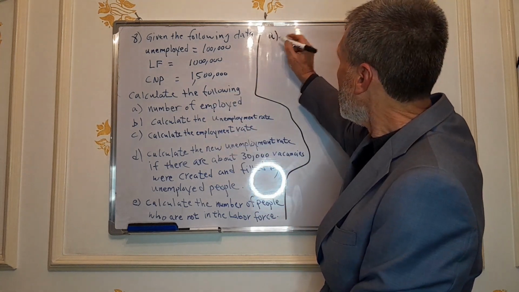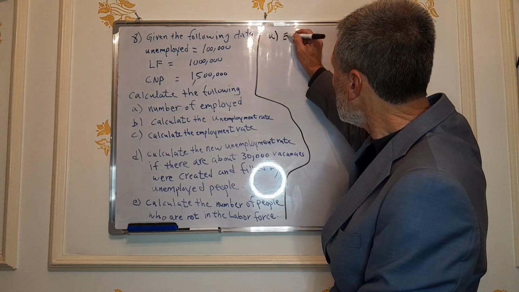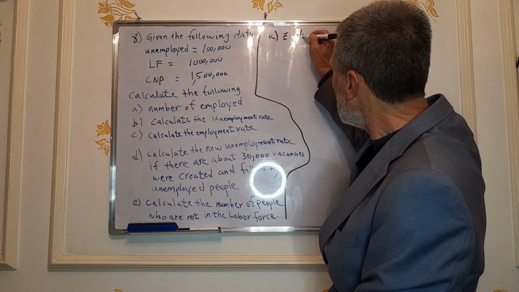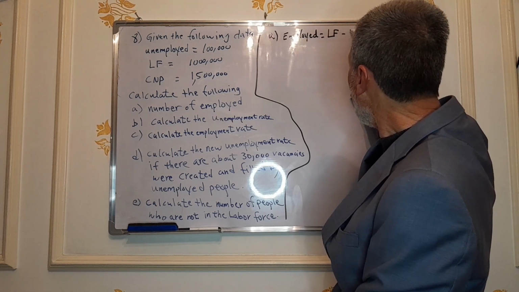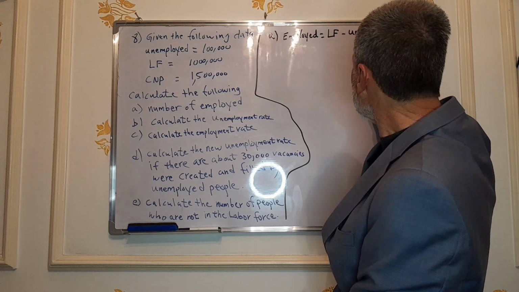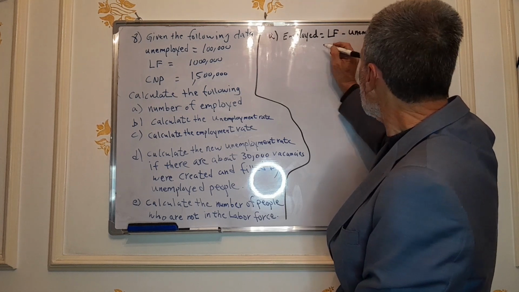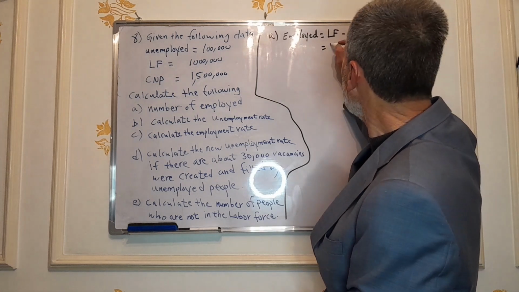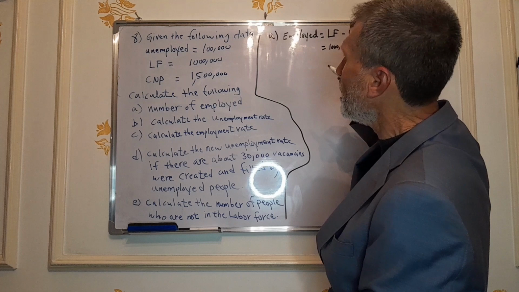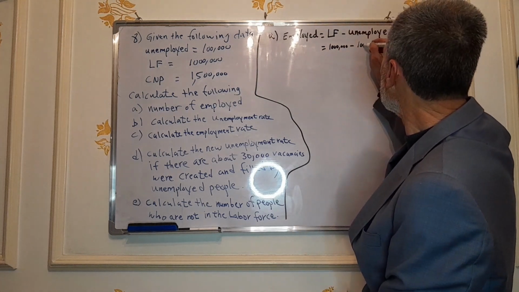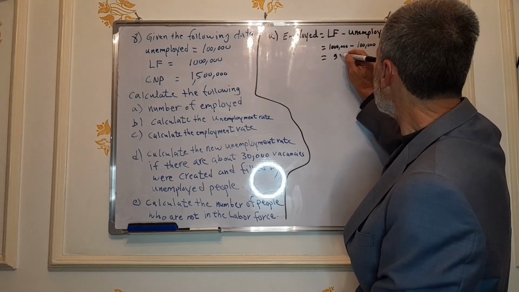Employed is equal to labor force minus unemployed, which is labor force 1 million minus unemployed 100,000, which is equal to 900,000.